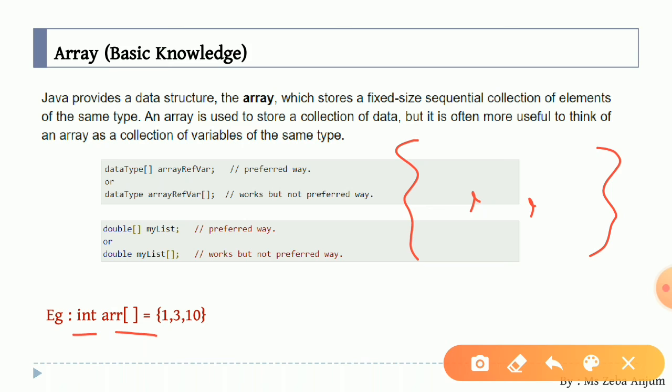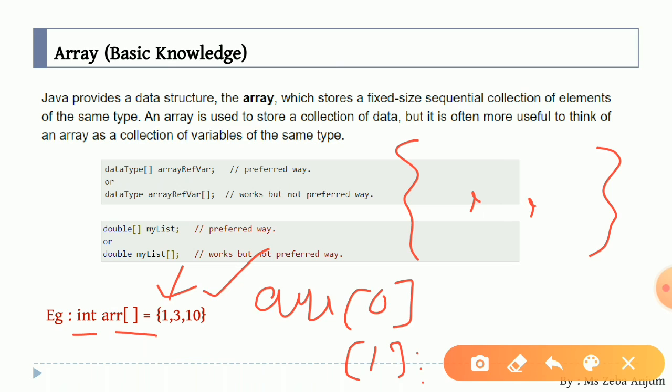Okay, so 1 comma 3 comma 10, these are the three numbers. So if you want to get the first one, then you have to write down arr and in brackets 0. Okay, then you can access this 1. If you want to access this 3, then arr 1 you can write down, and similarly you can proceed further. Okay, this is about an integer array because it is of integer data type.